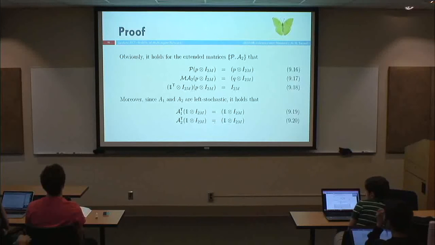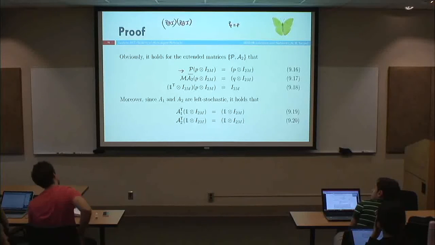Another thing that we are going to need is, remember that p times P is p, where p is the Perron eigenvector. So if you extend it to the calligraphic P, this is the relation. Because what is this calligraphic P? It's P Kronecker I times P Kronecker I, right here.